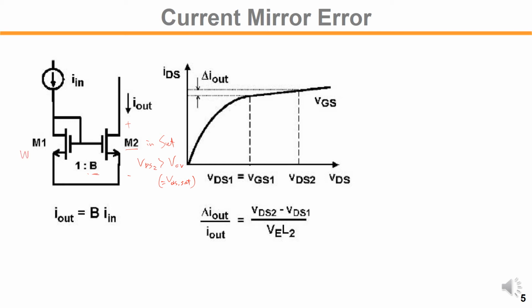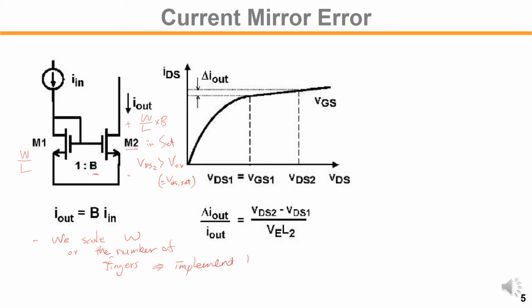M1 is W over L, and M2 is W over L times B. So the width W can be multiplied by B, or L can be scaled down by a factor of B, but in most cases we scale W or the number of fingers. By changing that we can implement B, right? So we implement B.